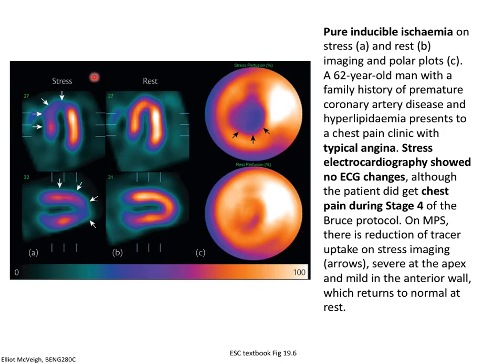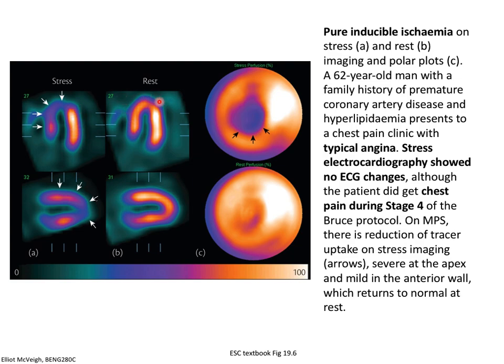So here's pure inducible ischemia, and on the long axis view, you can see under stress, whether this is adenosine or dipyridamole or regadenoson, you get this drop in perfusion on one side of the heart, and then it resolves at rest. So the amount of blood flow under stress did not make it to what is normal, which is the other side of the heart.